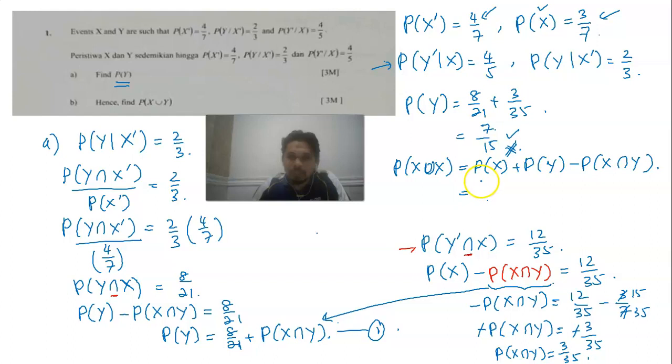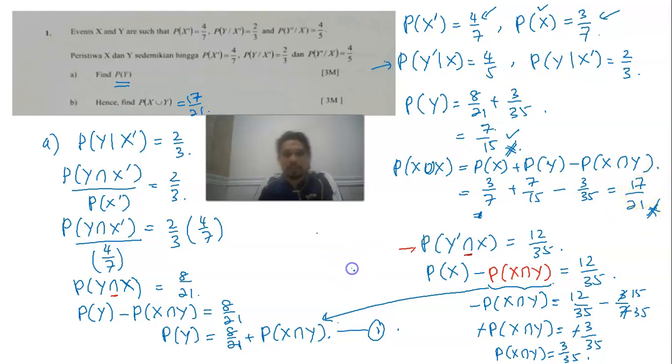So probability of x equal to 3 over 7 plus probability of y equal to 7 over 15 minus probability of x intersect y, 3 over 35. So we go find the solution of this, simplify, and it gives you 17 over 21. Okay, so for this one it is 17 over 21 here. Okay, next question.